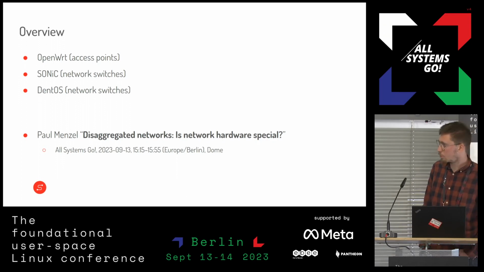I only mention these examples for an excellent overview of the state of open source network switching. I would highly recommend Paul Menzel's talk, which was yesterday, at this conference. Paul spoke a lot about the challenges we face in this domain.